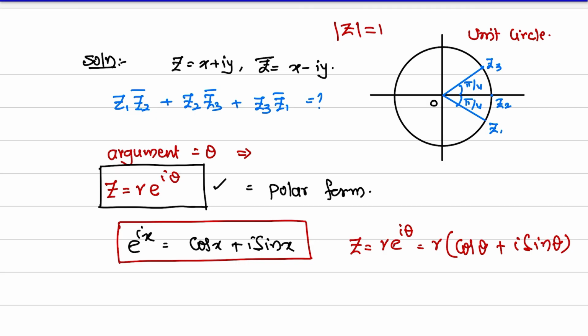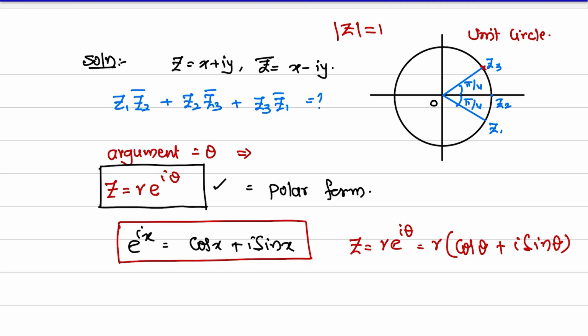Because x plus iy is referring to the origin, x minus 0 and y minus 0, hence it represents an origin. To the origin, the square root of x square plus y square is equal to 1. That is the radius. What is the radius of the circle? Square root of x square plus y square. x square plus y square is equal to r square is the equation for the circle.